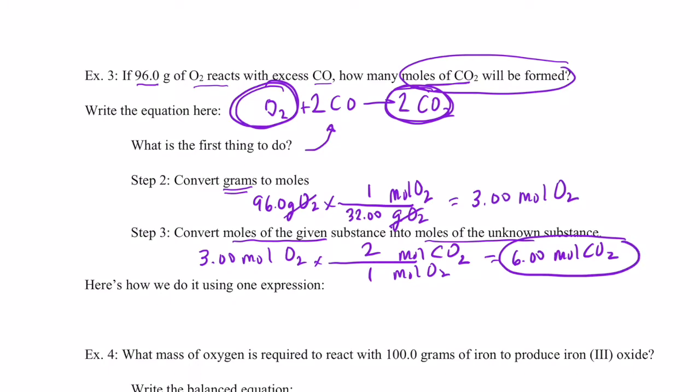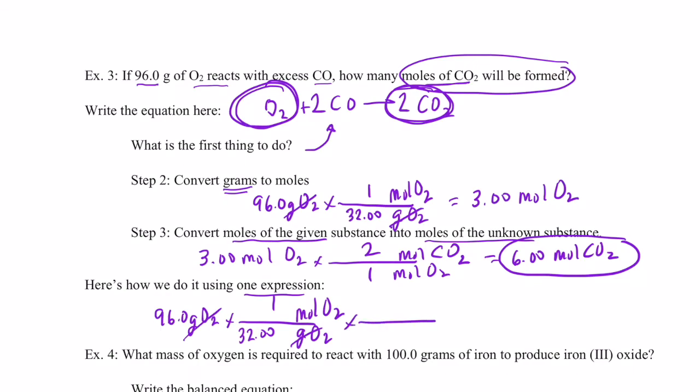Now, this is how we do it using one expression. Start with grams given, 96.0 grams of O2, multiply by a line, get out of grams of O2 and into moles of O2. 1 mole is 32.00 grams, so grams of oxygen are gone.